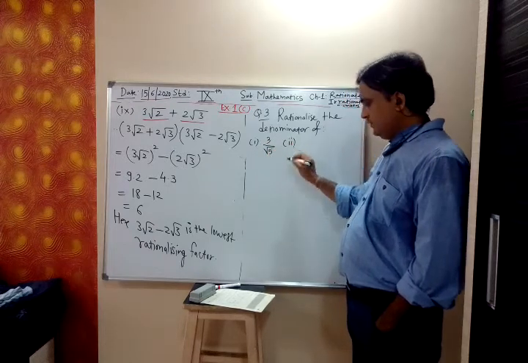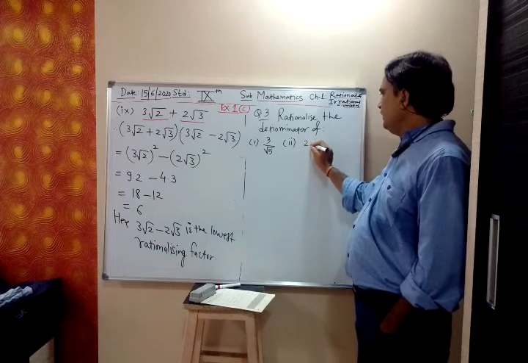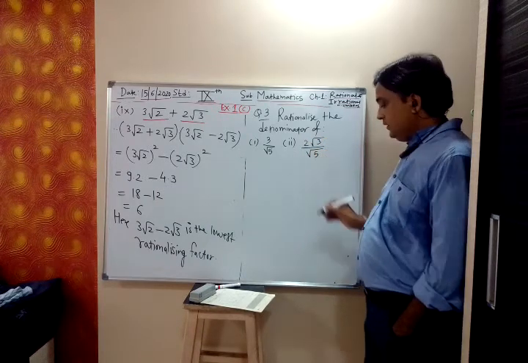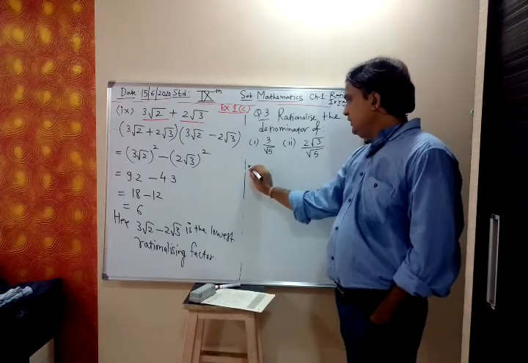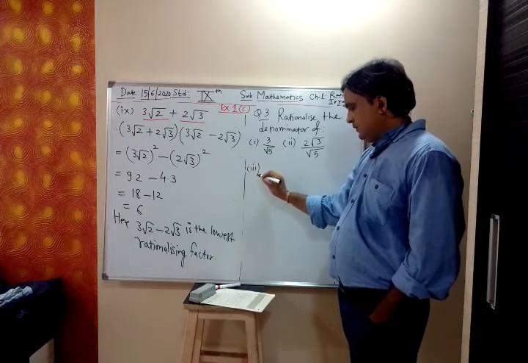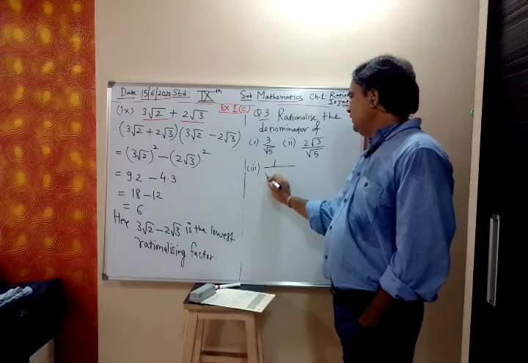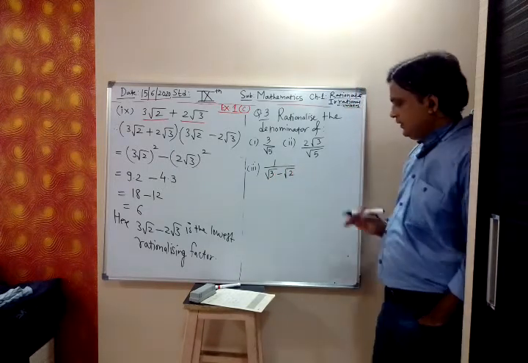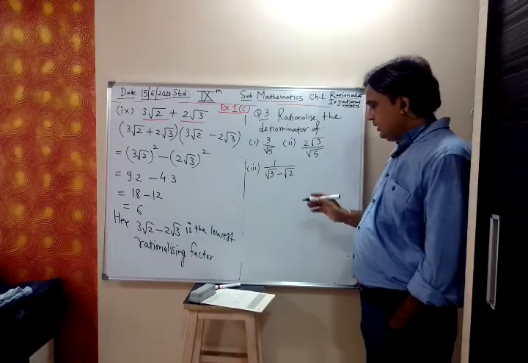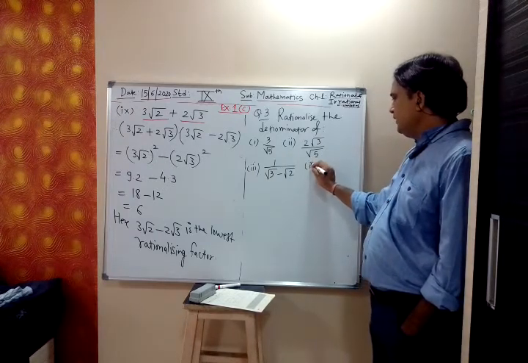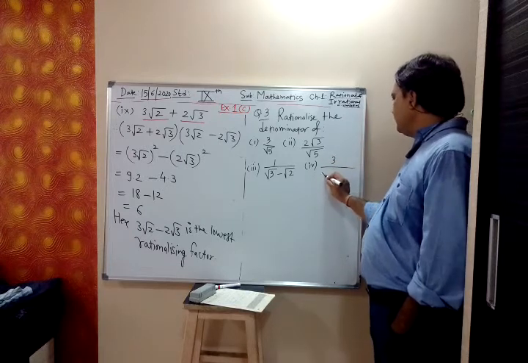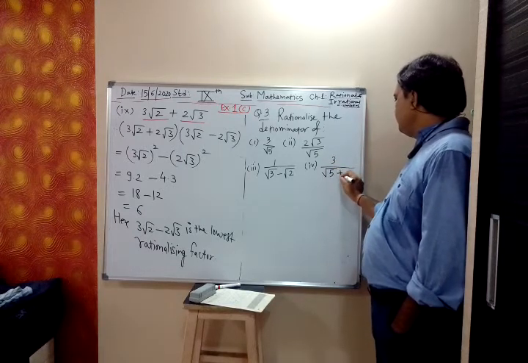Second, 2 root 3 upon root 5. Third, 1 upon root 3 minus root 2. Fourth one, 3 upon root 5 plus root 2.